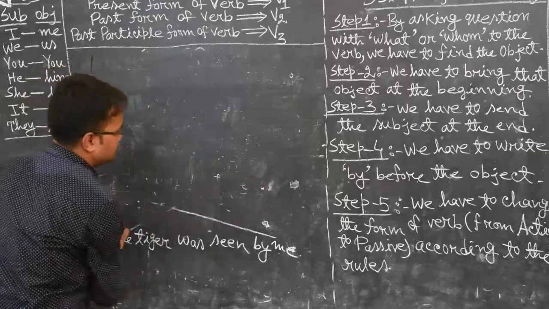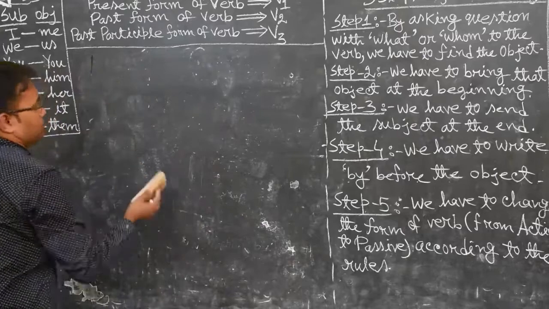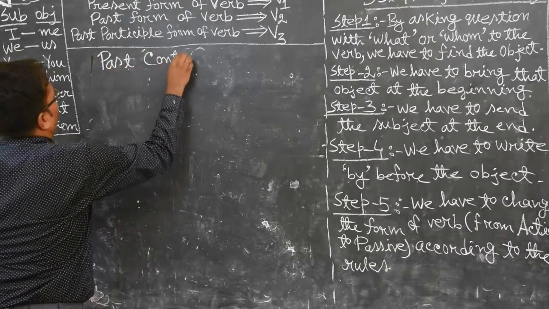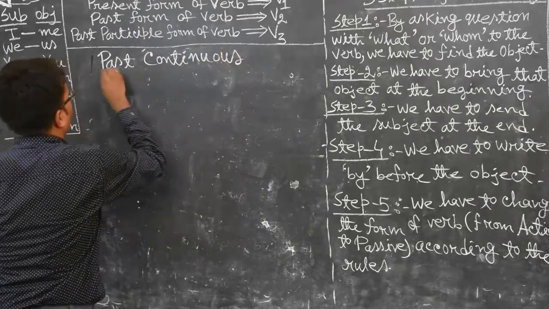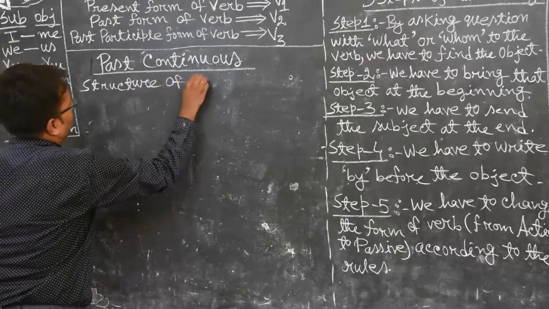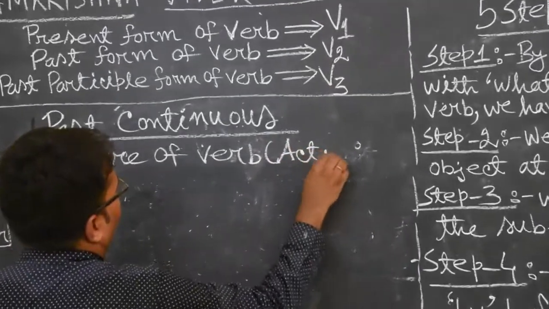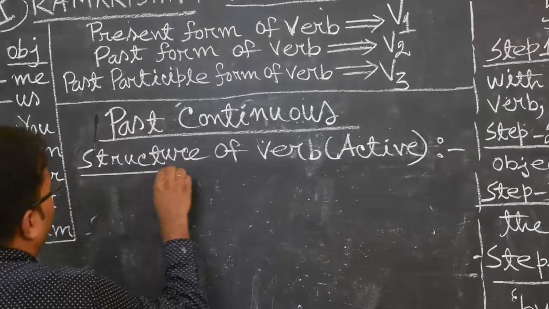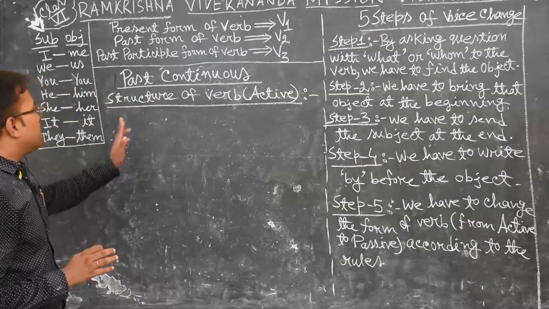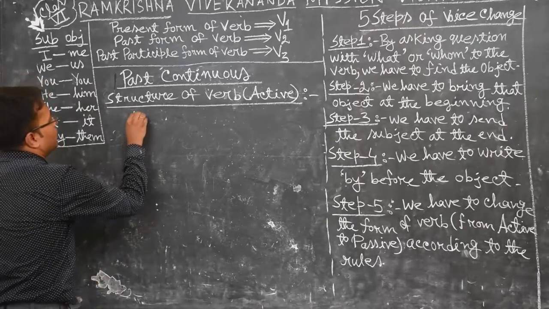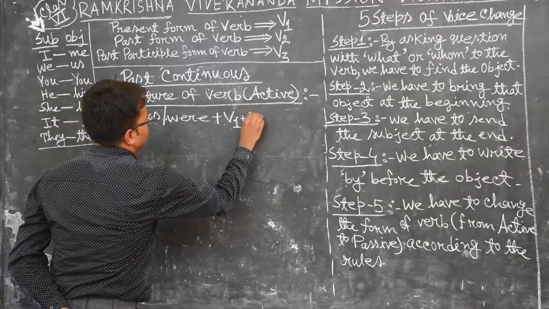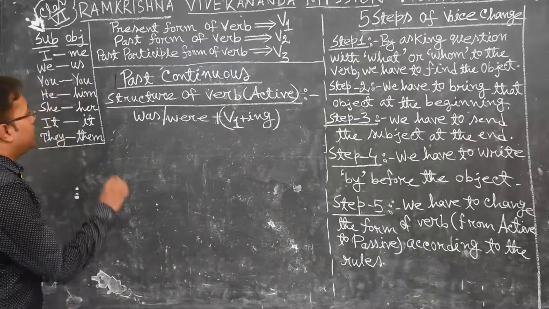Then past continuous tense. In past continuous tense, structure of verb of active voice is was or were plus V1 plus ing.